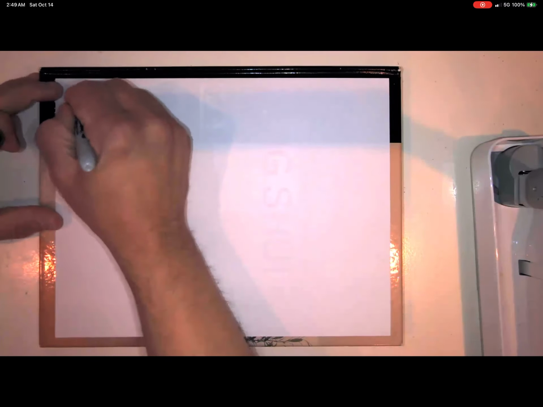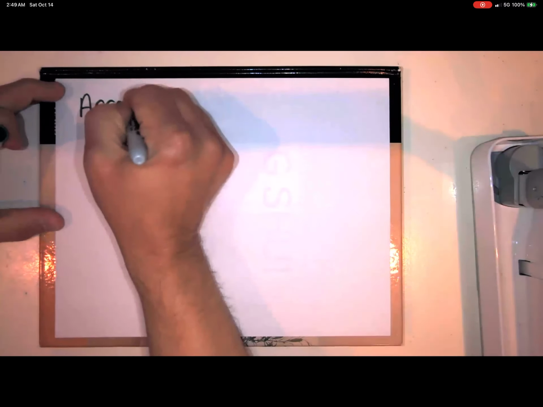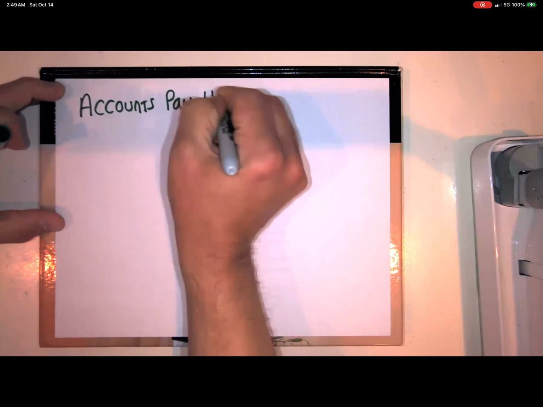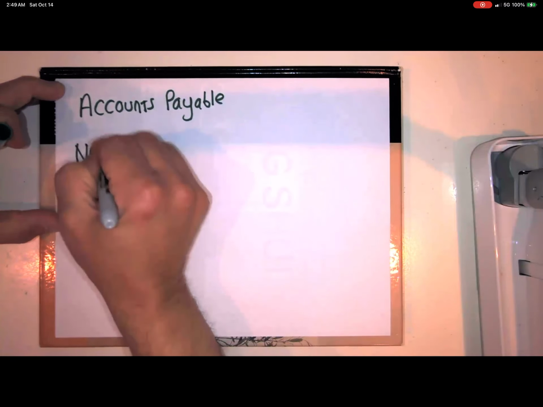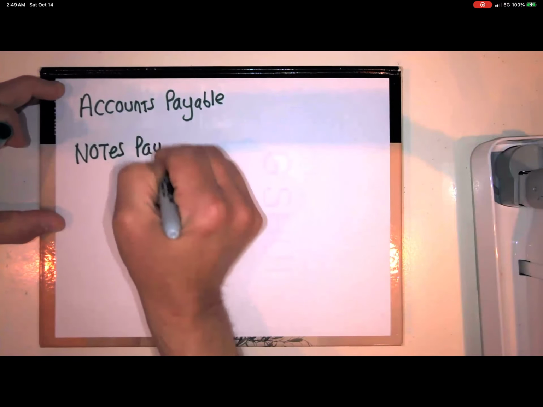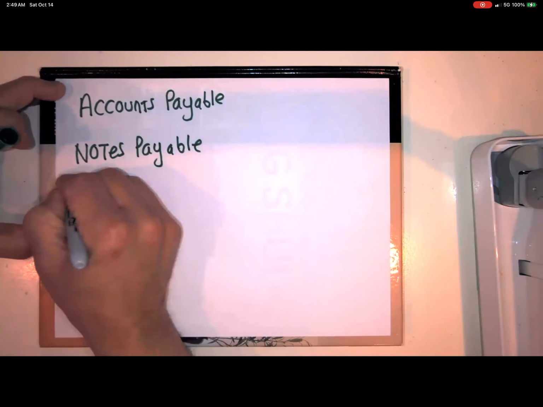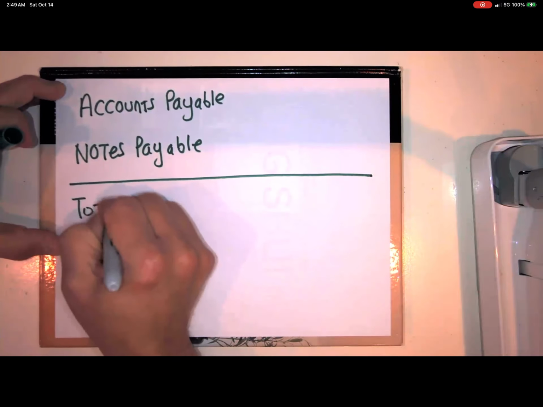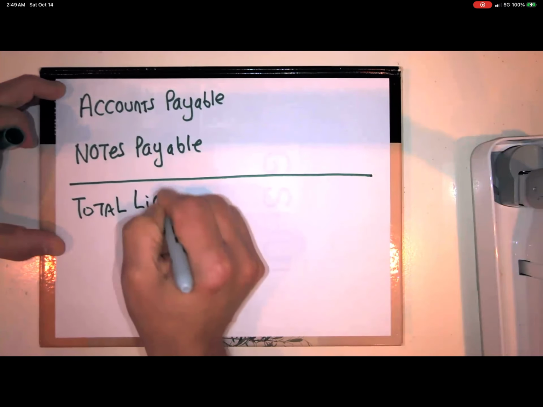So we've got our accounts payable, and we have the notes payable. And those are ABC Company's only liabilities. That makes up our total liabilities.